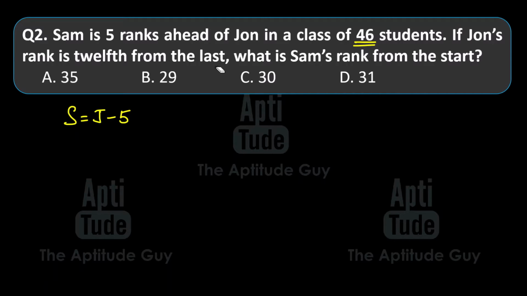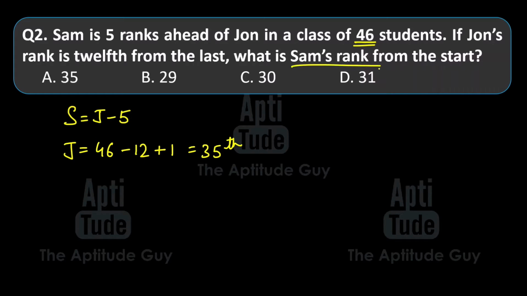Now let's find John's rank from the beginning. John is over here. What is John's rank from the beginning? Total number of people is 46 and John's rank from the last is 12th. So 46 minus 12, don't forget the plus 1. 46 minus 12 plus 1 equals 35th rank. So John's rank from the beginning is 35th.